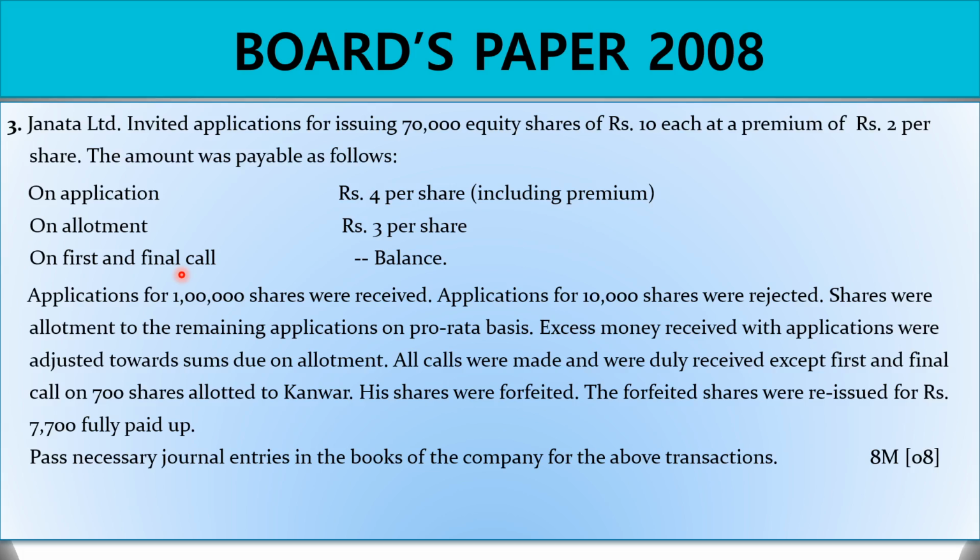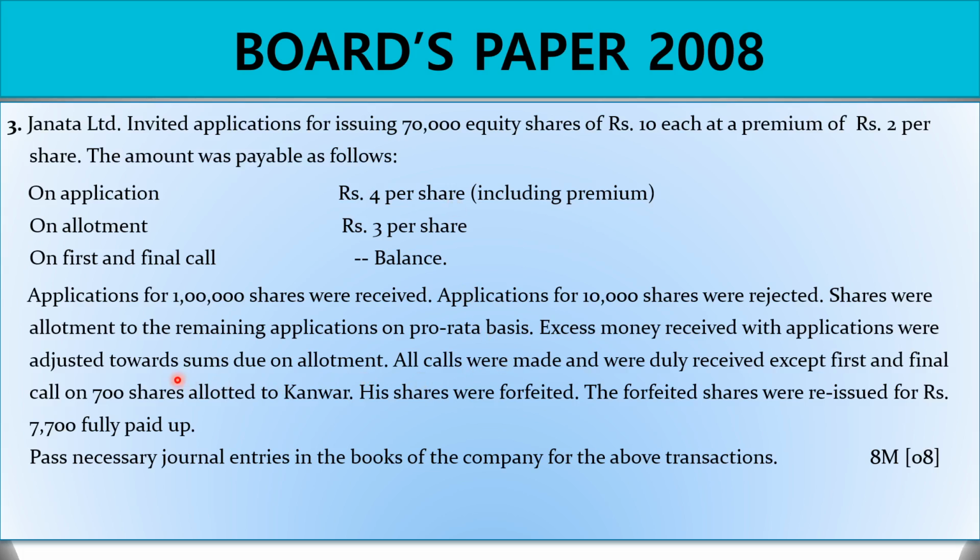But not all the time, when oversubscription is there, does that type of calculation be required. Like in this sum, oversubscription is there, so the first condition is there. 10,000 refunded, so out of 1 lakh, minus 10,000, 90,000 is there, but the company issued 70,000, so 20,000 more oversubscription is there.